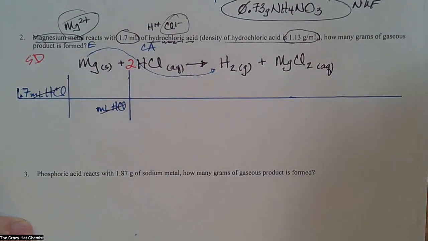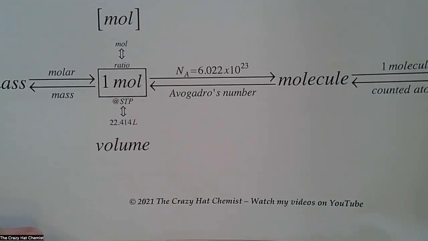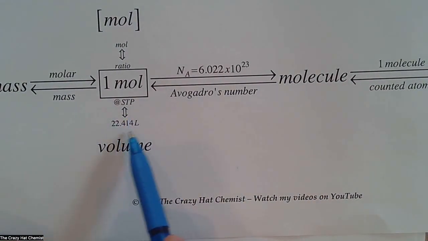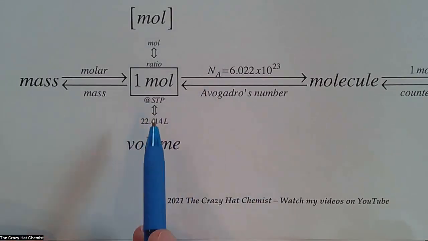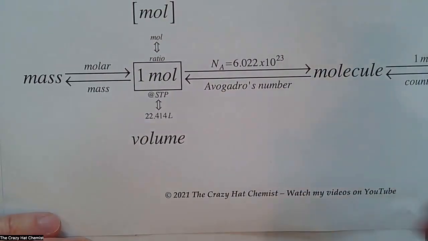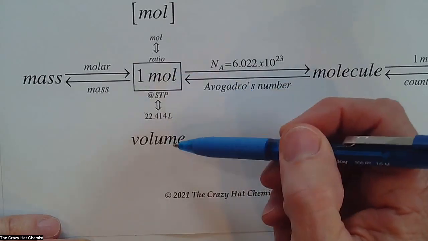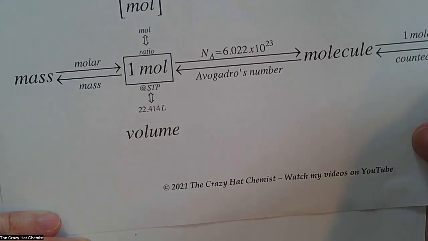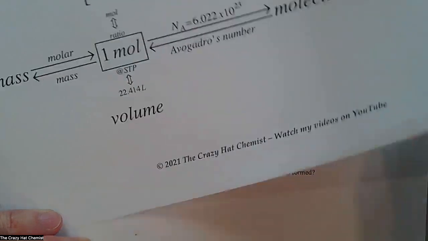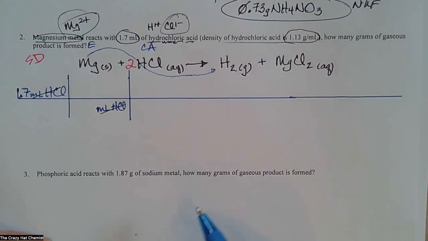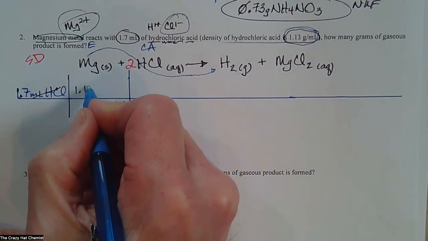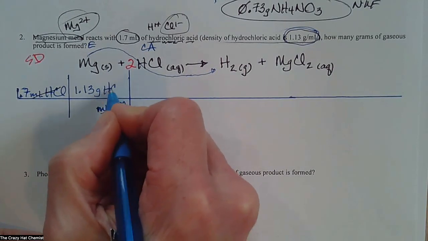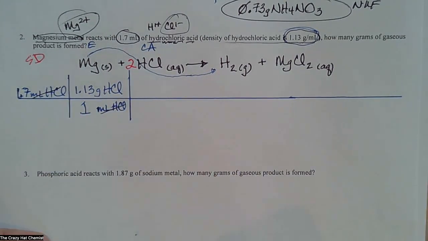Now, question, do you go from milliliters and use this 22.414? The answer is absolutely not, because there is nothing in this problem that says it's at STP conditions. This 1 mole to 22.414 only occurs at STP conditions, and this is not at STP conditions, so that's absolutely no. What we are going to use is the density that was given, and that is 1.13 grams of HCl per milliliter, and that would be 1.